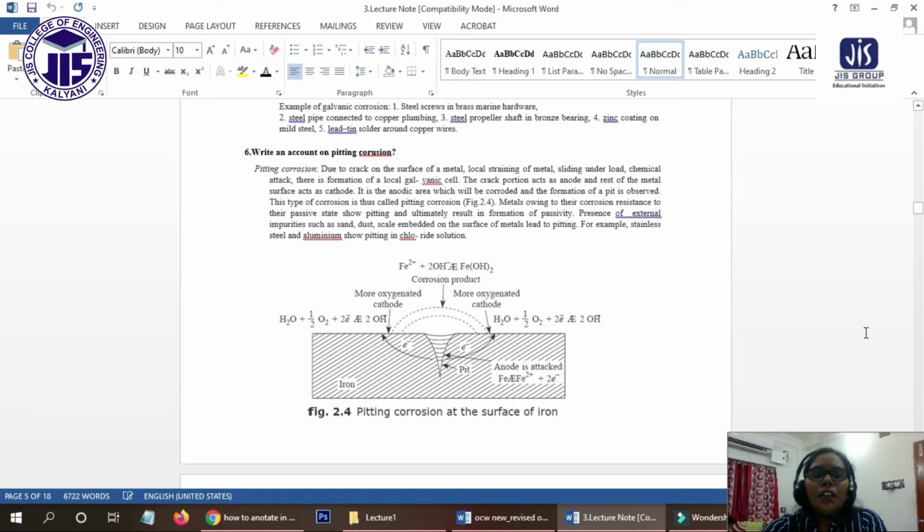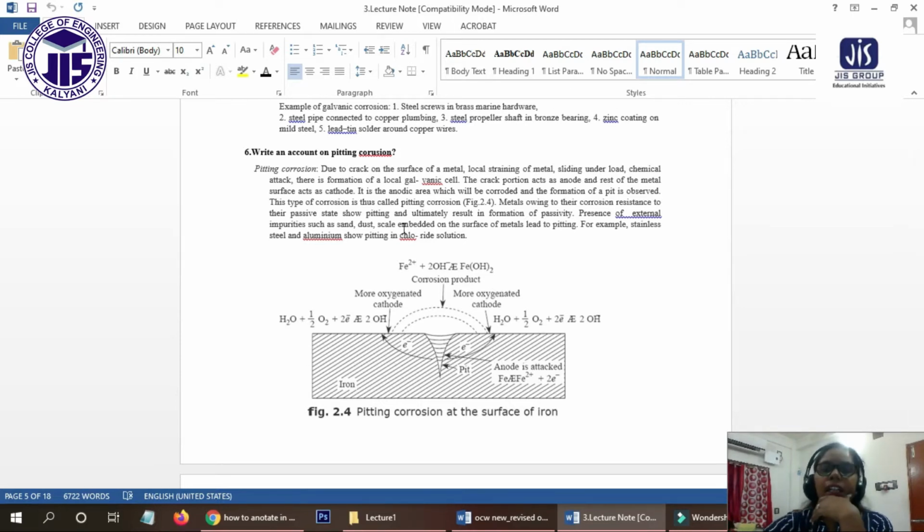Now we will discuss some of the types of electrochemical corrosion. You have very few in your syllabus. First of all, we have pitting corrosion. What will happen in pitting corrosion?